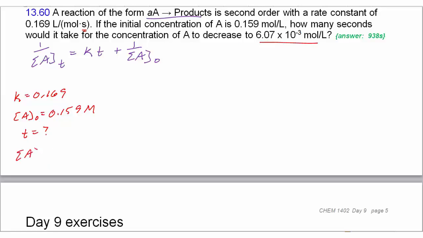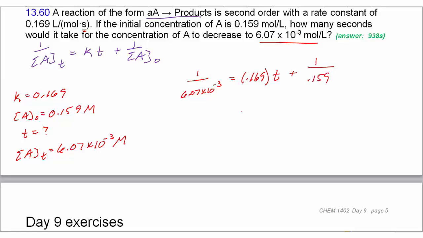So the concentration of A at time t is 6.07 times 10 to the negative 3 molar. Okay, so let's substitute in and solve for t. 1 over 6.07 times 10 to the negative 3 equals 0.169 t plus 1 over the original 0.159.